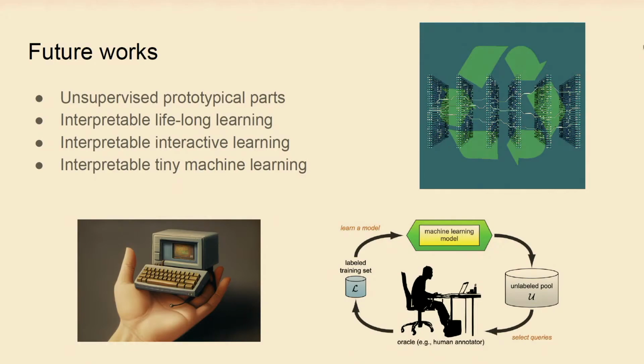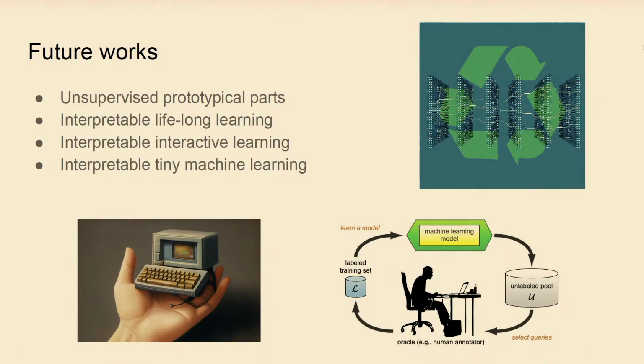The other one is interpretable lifelong learning. So how to use prototypical parts in continual learning. Here we still wait for ICCV final decisions. We already have a paper in it.